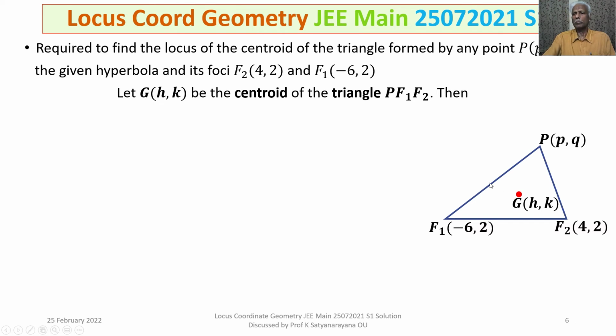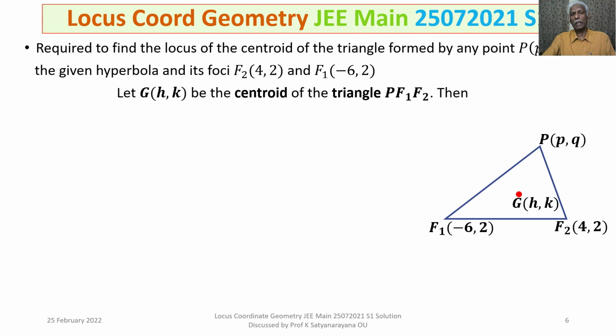And we know the formula. The centroid of a triangle with coordinates x1, y1, x2, y2, x3, y3 is given by x1 plus x2 plus x3 by 3, that is abscissa of the centroid, comma y1 plus y2 plus y3 whole by 3, that is the ordinate of the centroid.